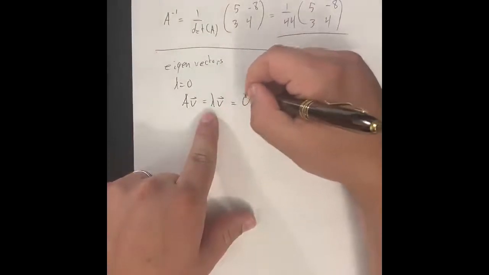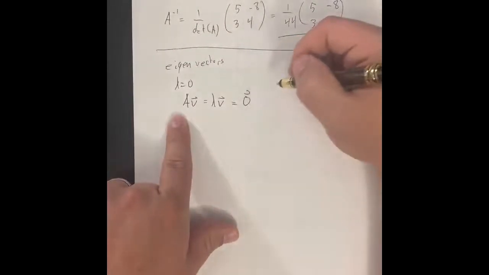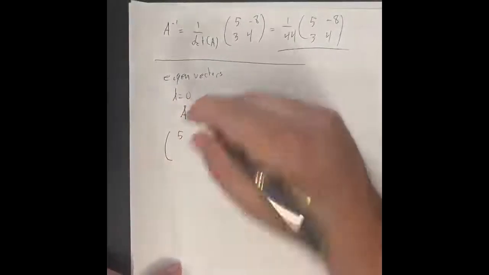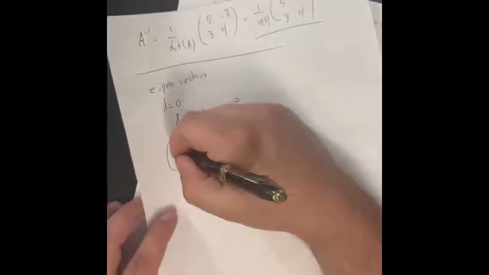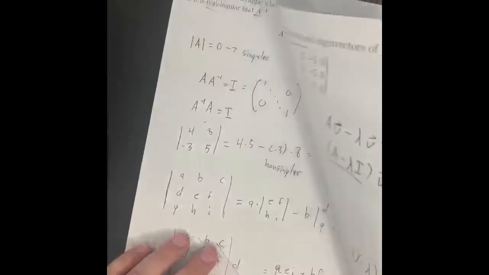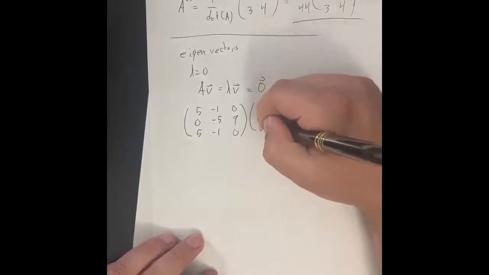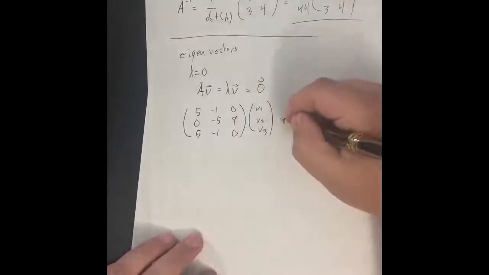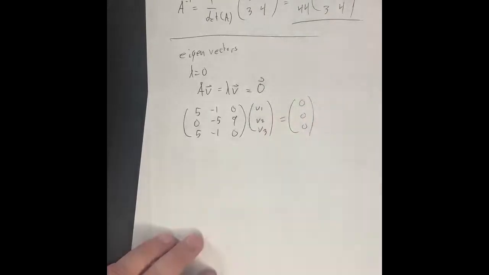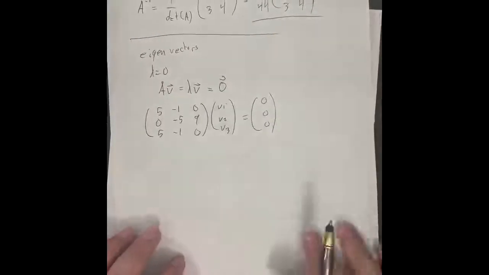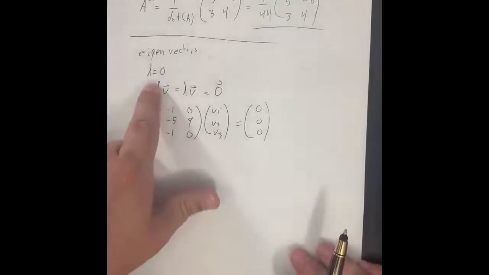In this case, with 0, we just have a 0 vector, and we need to solve this system of equations for V. We've got a matrix, 5, minus 1, 0, 0, minus 5, 9, 5, minus 1, 0, times a vector v1, v2, v3, equals zeros. We want to solve this system for v1, v2, v3 to find the eigenvector that goes with 0.